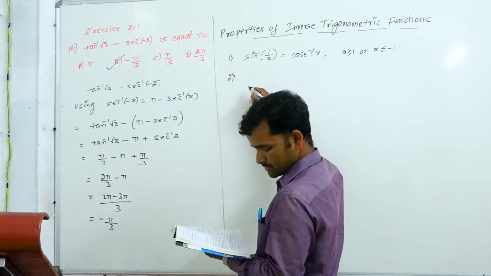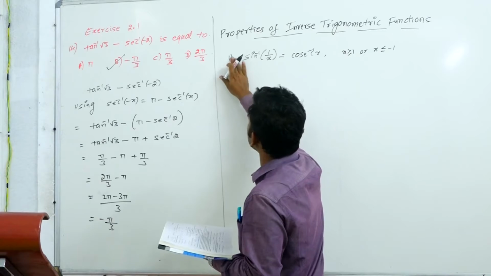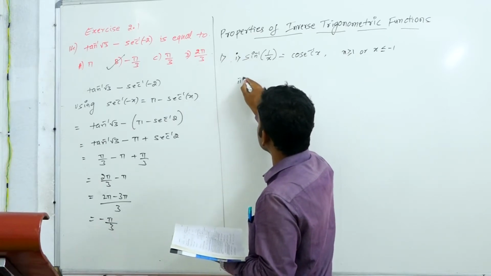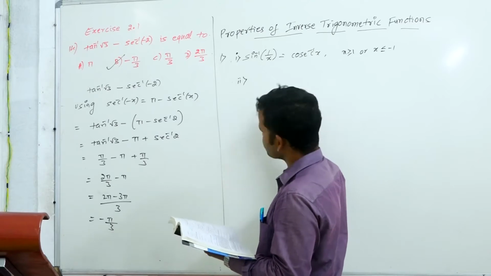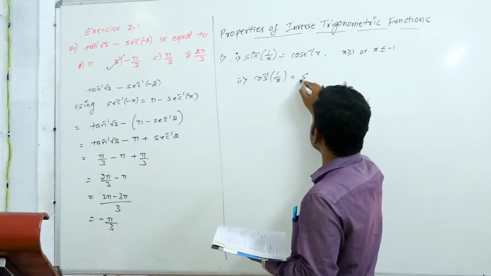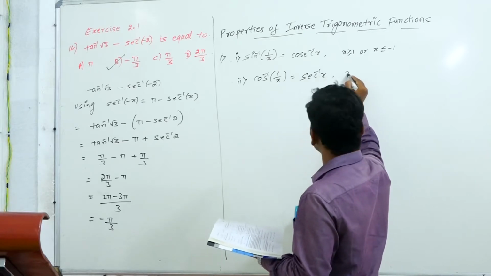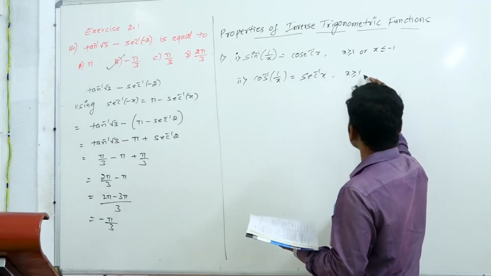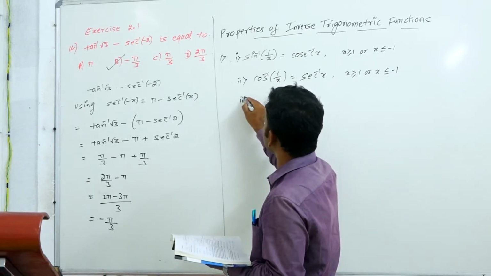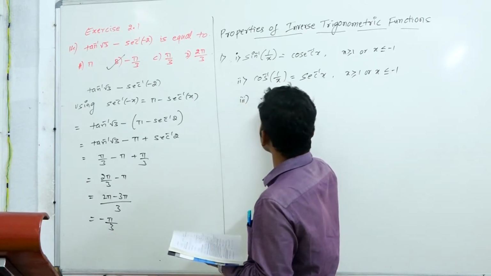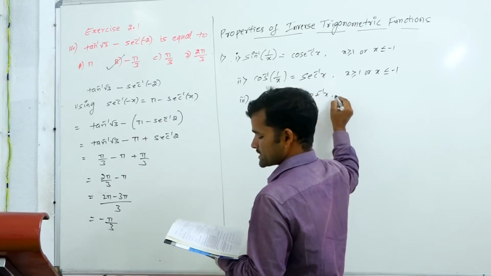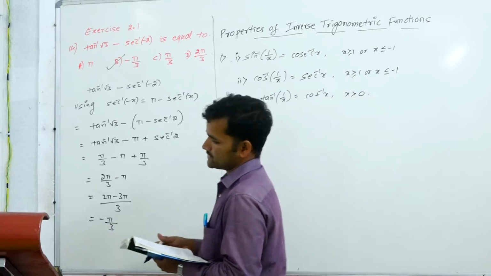And the second property, I will write here under heading 1, these are similar formulae. Cos inverse of 1 by x is equal to secant inverse of x, where x is greater than or equal to 1 or x is less than or equal to minus 1. Third one, tan inverse of 1 by x is equal to cot inverse of x if x is greater than 0.